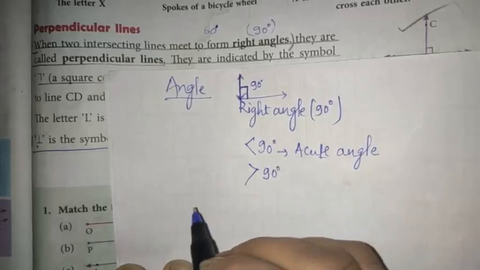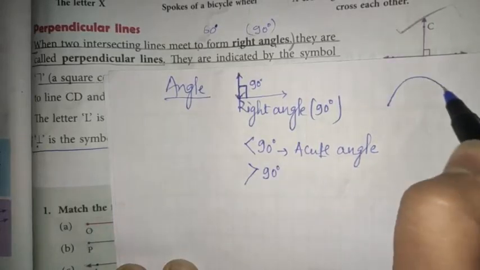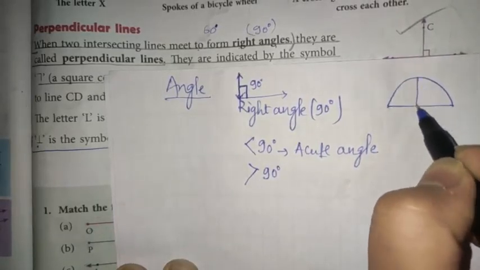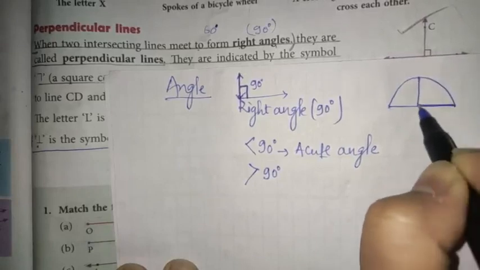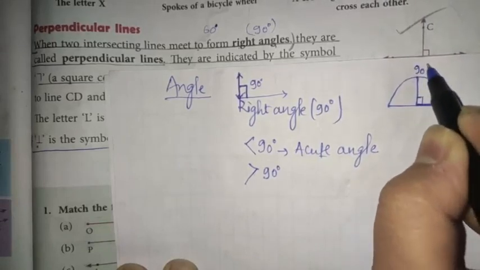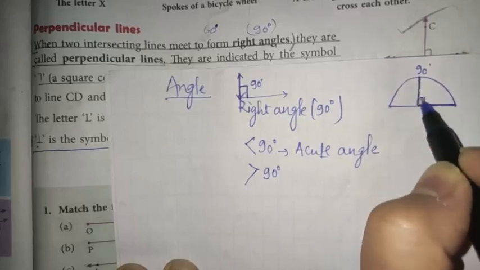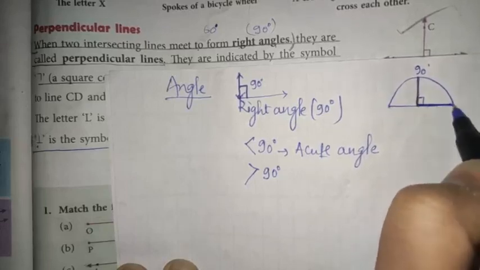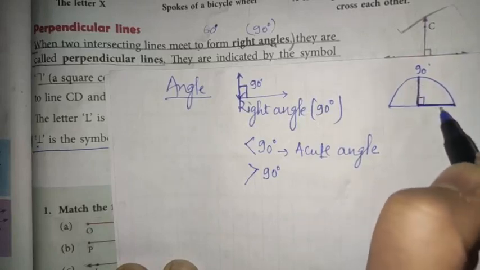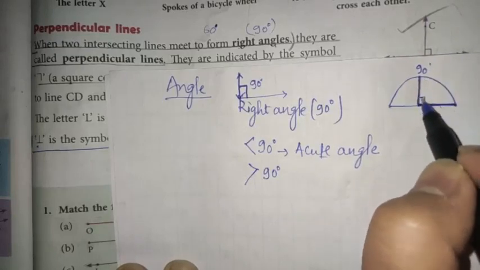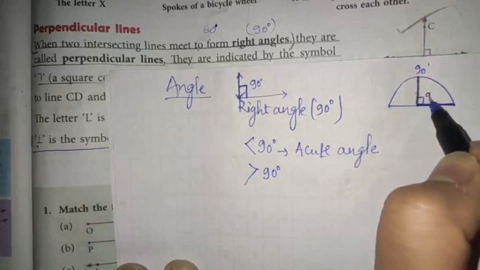In your protractor, I hope you have seen that the exact 90 degrees is straight. This straight line is considered a vertical line, and this is considered a horizontal line. If two lines meet in such a manner, then this will be considered a right angle, which is 90 degrees.